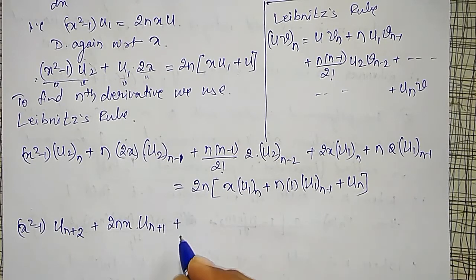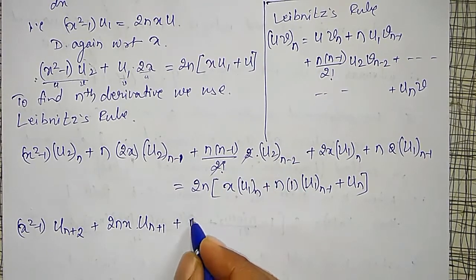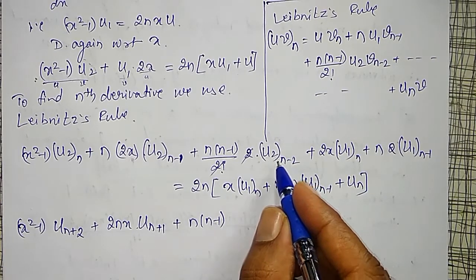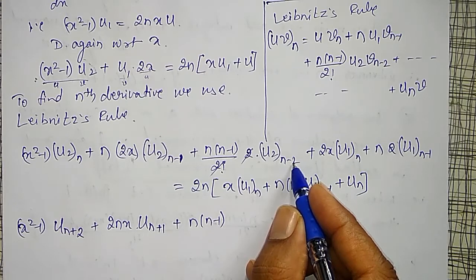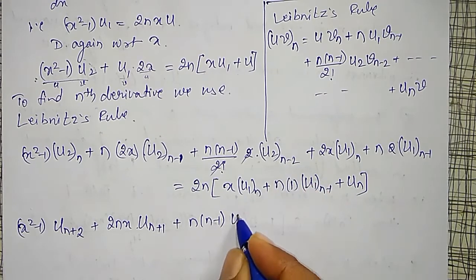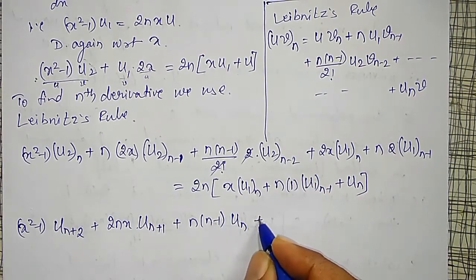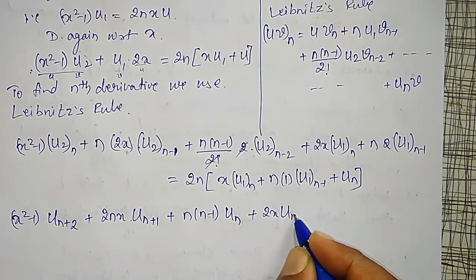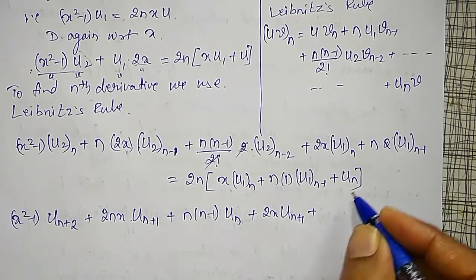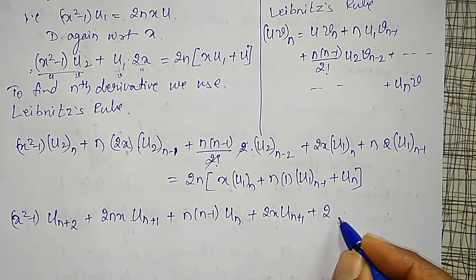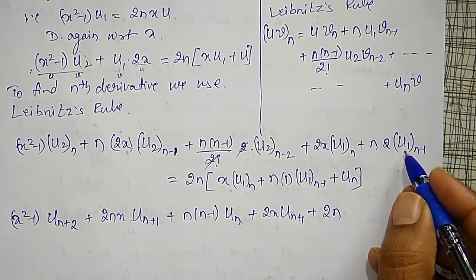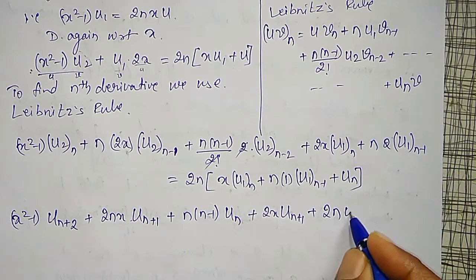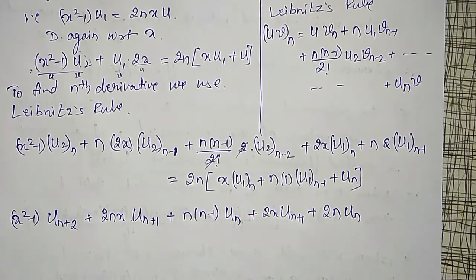Plus here 2 cancels, n into n minus 1 into second derivative differentiated n minus 2 times, 2 cancels, un will remain. Like that, plus 2x into un plus 1, plus again 2 into n into first derivative differentiated n minus 1 times, un. This is on the left side.